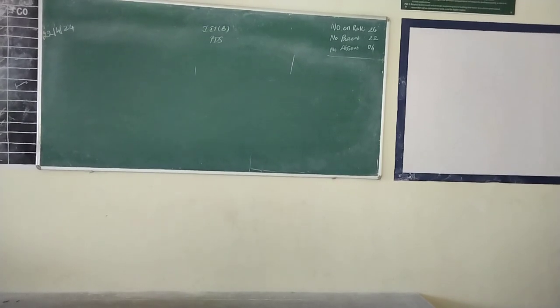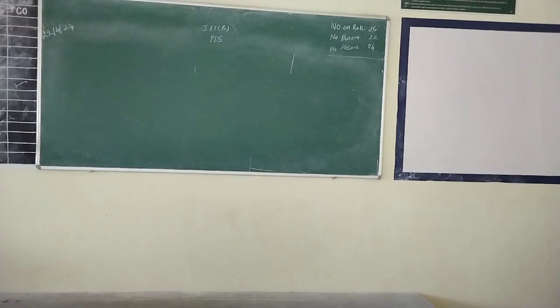Sample size: small n. Population mean is mu. Population standard deviation is sigma. Population size is capital N. All these notations are important.